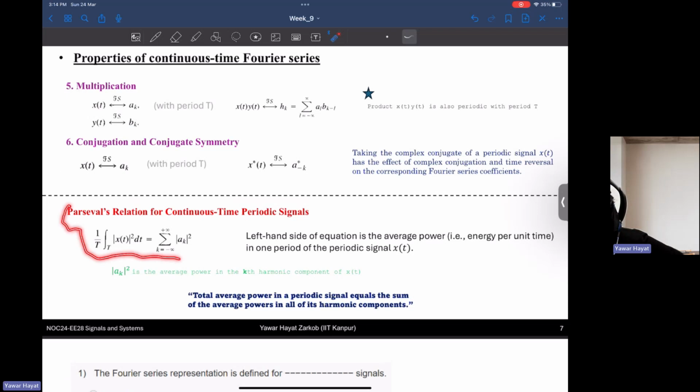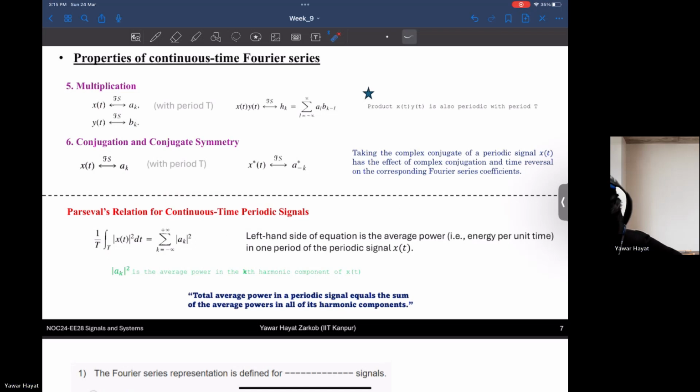You also would have seen Parseval's relation for continuous time periodic signals. 1 over t times the modulus of x of t squared, integrated over the time period t, is the average power, the energy per unit time in one period of this periodic signal x of t.